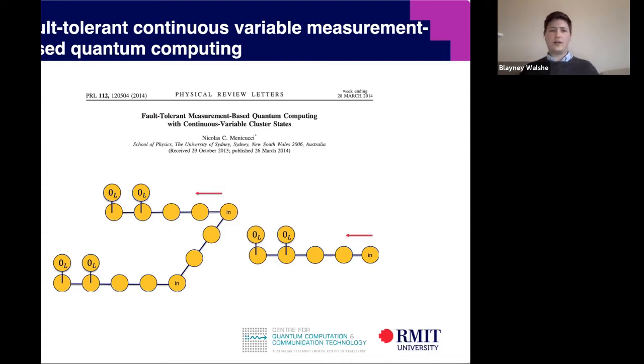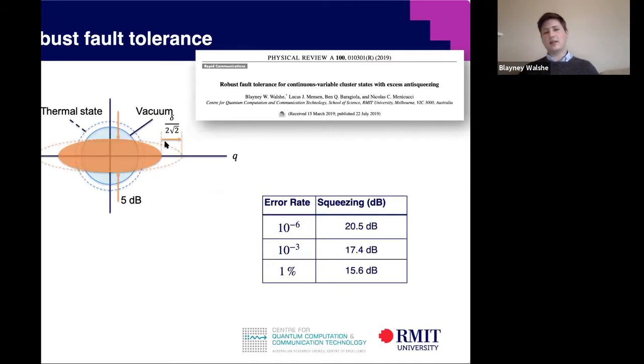Here in 2019, in this paper, we looked at the additional anti-squeezing that comes from squeezing a thermal state down to a certain level. So we looked at that additional anti-squeezing, which is represented here. Does that have any effect on the performance of GKP error correction? And we found that no, it didn't.